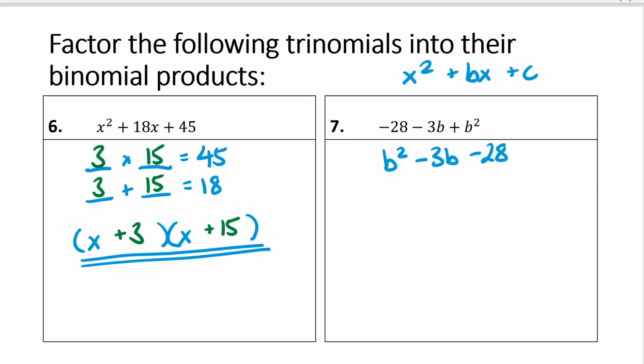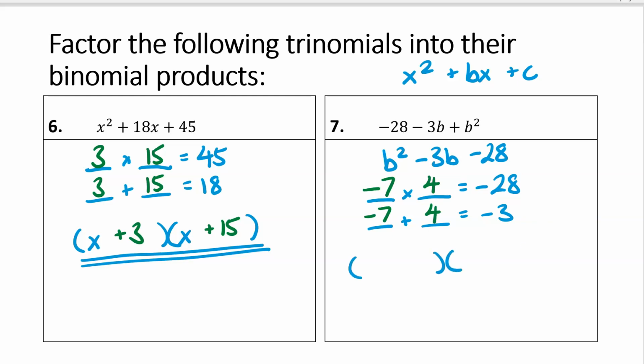Now that looks more familiar, so it's easier to tell that we are looking for two numbers that multiply to give us negative 28, and those same two numbers add to give us negative 3. Negative 7 times 4 is negative 28, negative 7 plus 4 is negative 3.